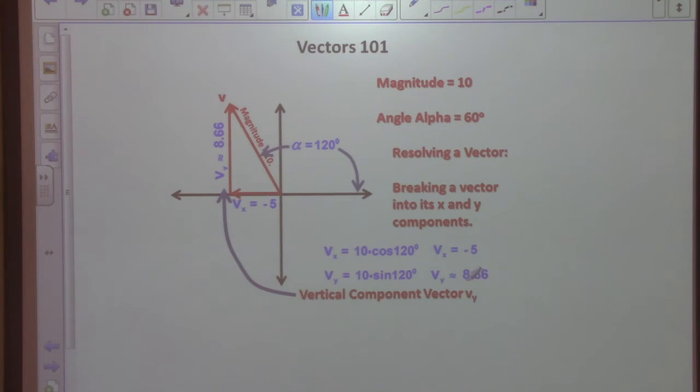The sine of 120 degrees is square root of 3 over 2. The cosine of 120 degrees is negative 1/2. And so negative 1/2 times 10 is negative 5. Square root of 3 over 2 times 10 is about 8.66.